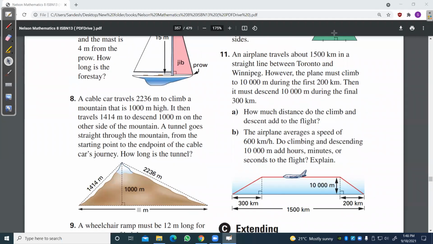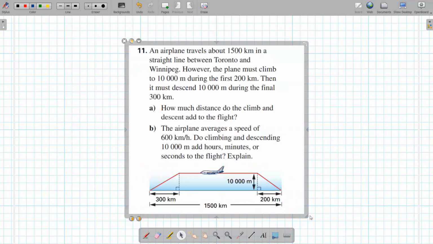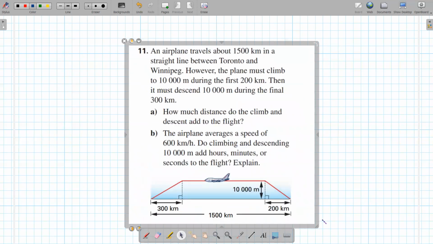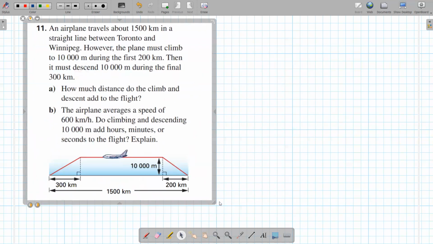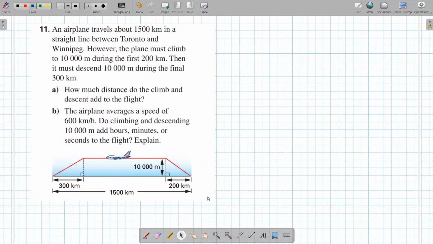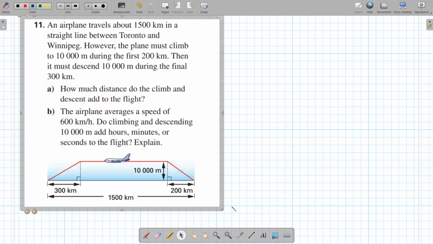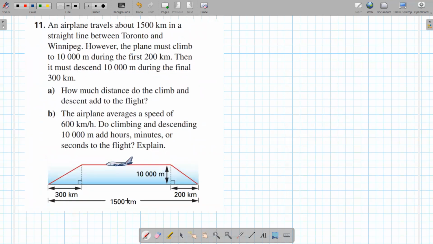This one looks really complicated. All right. So all the information is basically already in the diagram, okay? It says the distance from here to here, the total distance between these two cities, Toronto and Winnipeg, is 1,500 kilometers.